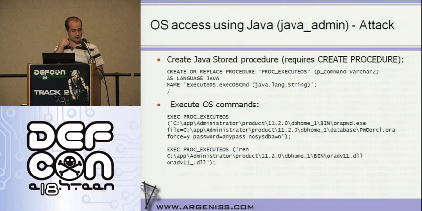And then create a Java stored procedure that will call this Java method, so we can use it in a standard PL/SQL program. So we could execute this statement to overwrite the sys password as any pass and to enable sysdba access, or we can use this other statement to rename the DLL file to disable database vault.